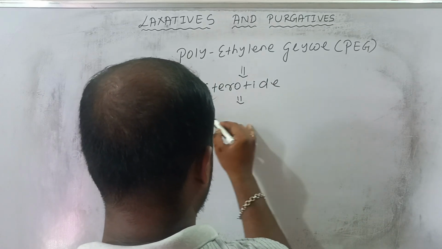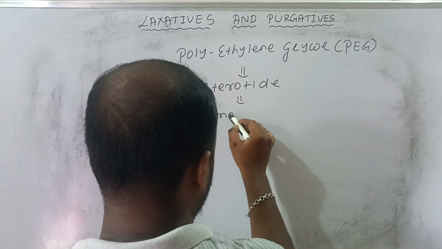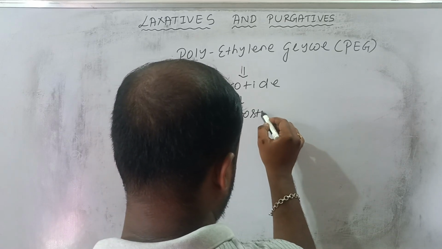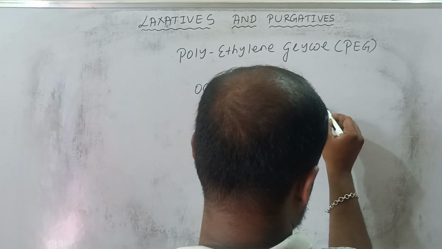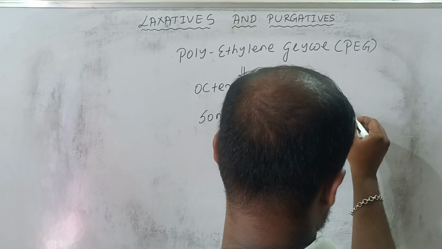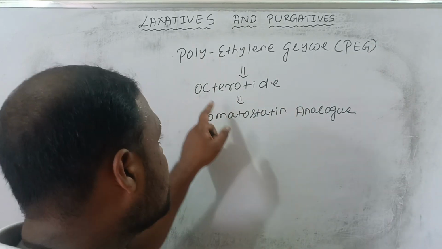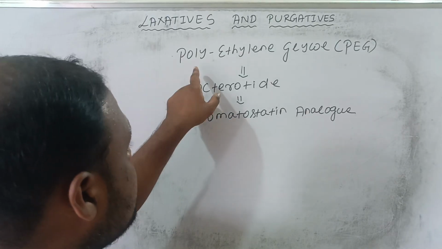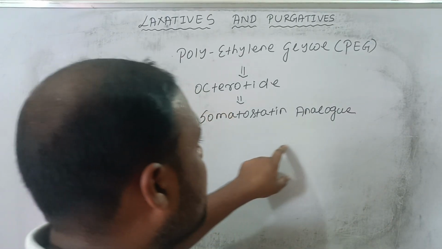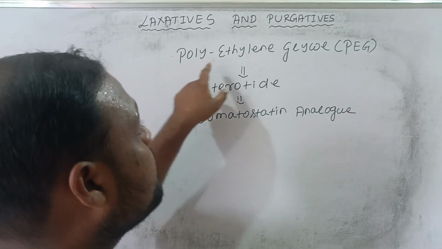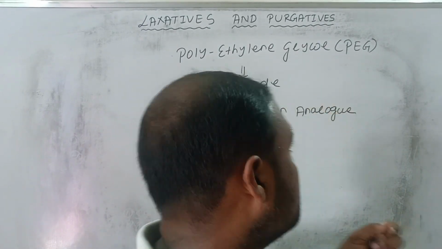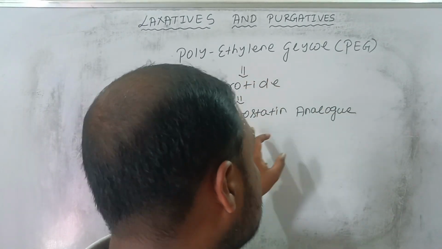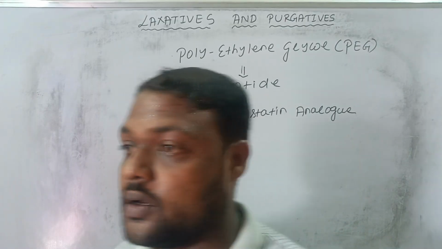Octreotide is a somatostatin analog. In which group is octreotide? It is in the PEG group, as a somatostatin analog.